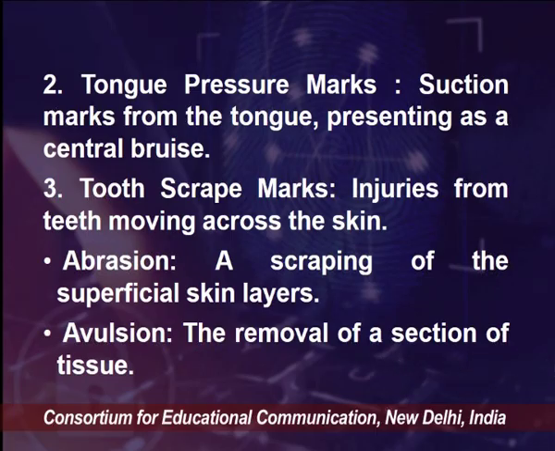Usually, whenever a criminal is biting a victim or a victim is biting the criminal, the other person is trying to remove the person away from their body. So, in that act the person is trying to bite and the other person is removing their hand or their body. In such cases the scraping may occur from the tooth. This scraping may result in abrasion and avulsion.